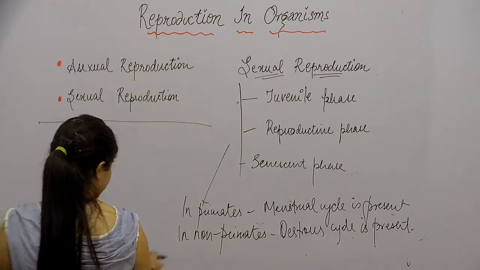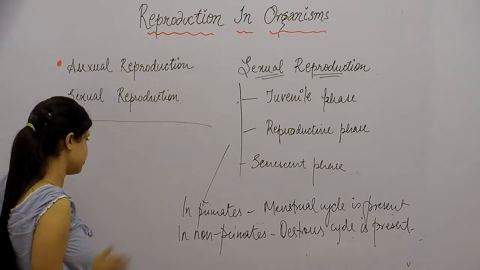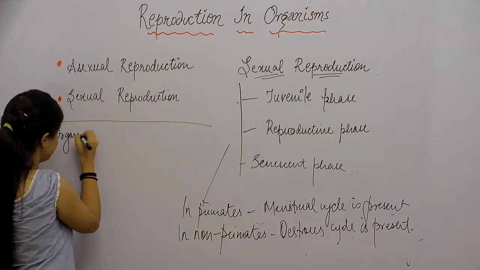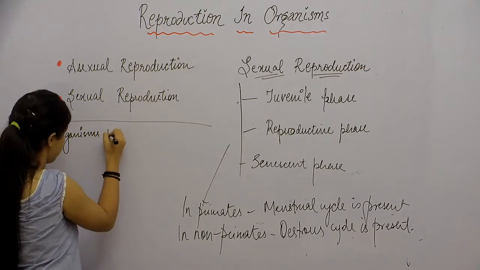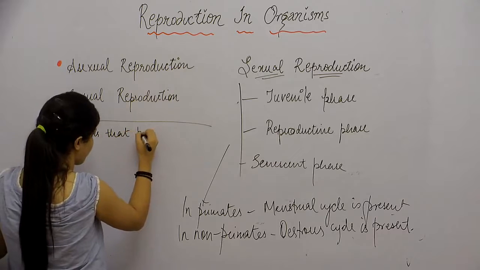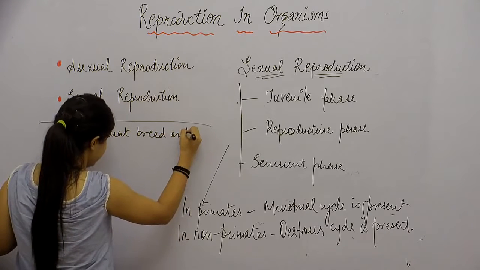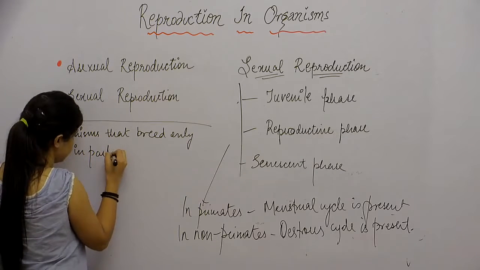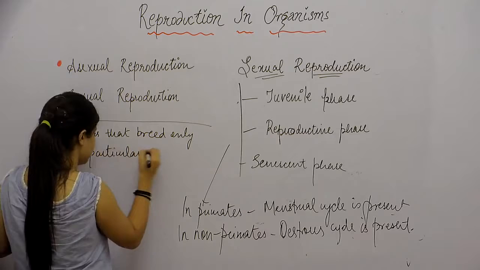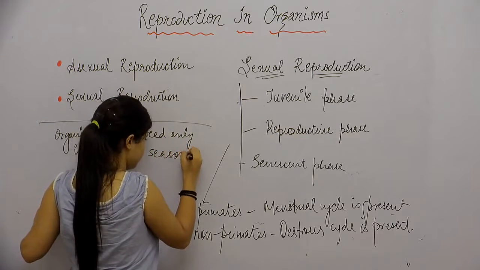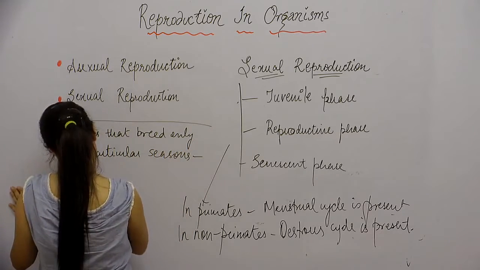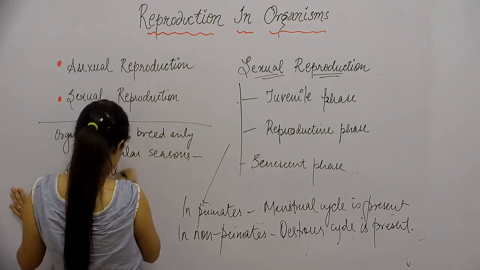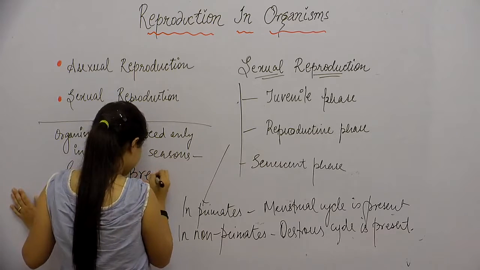So after primates and non-primates, the menstrual cycle and the estrous cycle, there are organisms that breed only in particular seasons, and such organisms are known as, this can be asked in your exams, what are seasonal breeders?